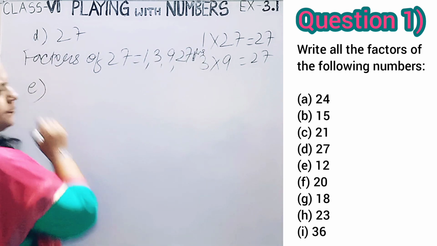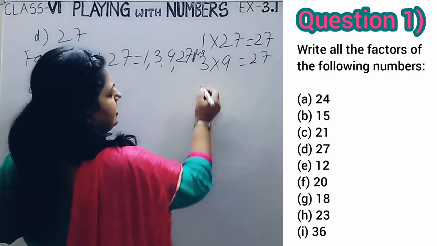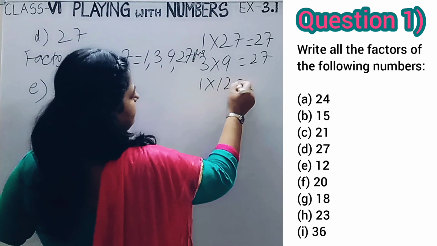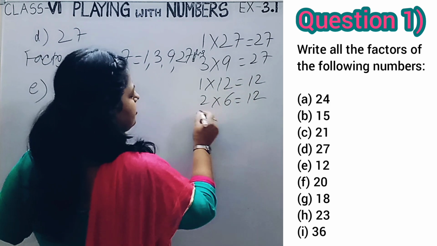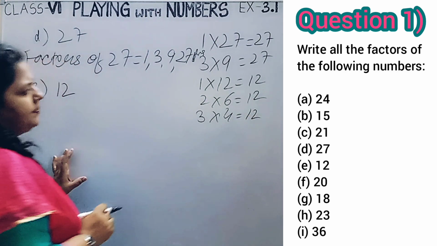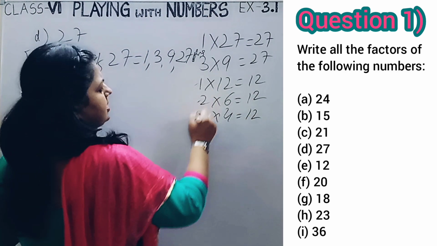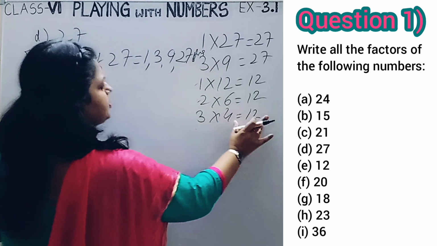E part, 12. 12 is divisible by 1 and 12. 2 sixes are 12. 3 fours are 12. Any other pair? No. So 1, 2, 3, 4, 6 and 12 are factors of 12.